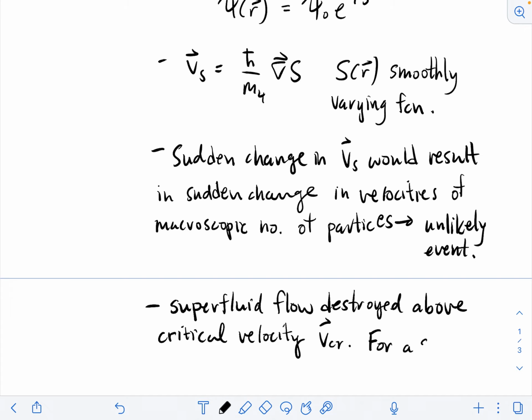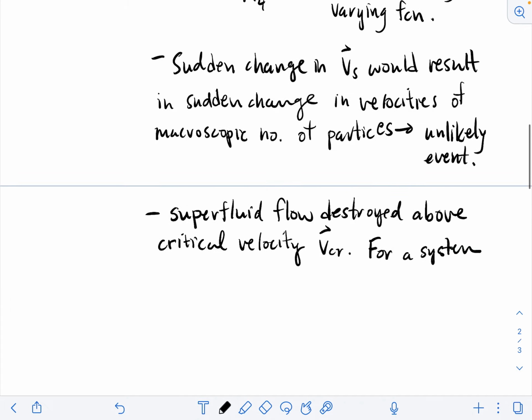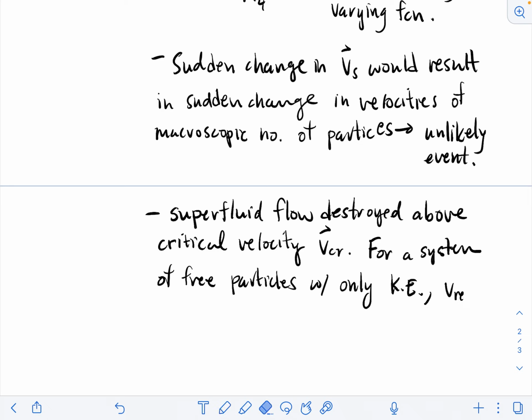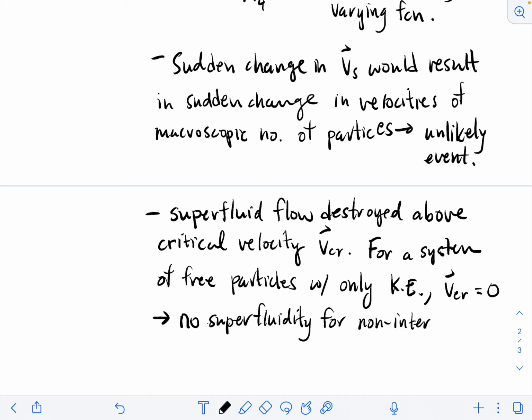So for a system of free particles with only kinetic energy, we found that V critical was equal to 0, and so we get no superfluidity for a non-interacting system of bosons.